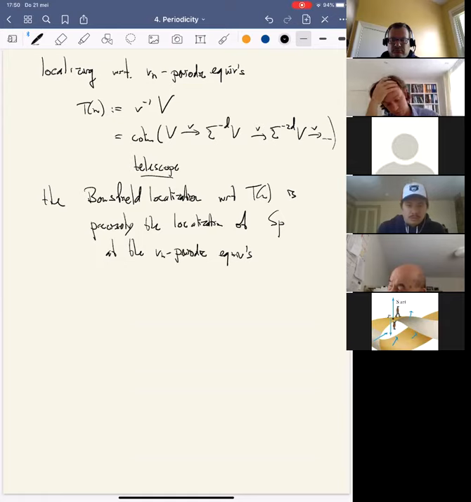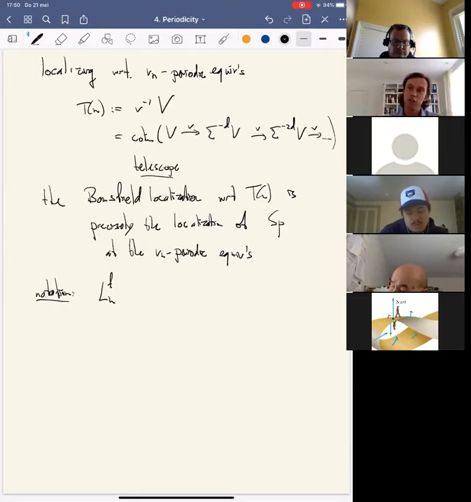Let me say a little bit about chromatic filtration here. What you can do is localize with respect to each of these Vn periodic homotopy groups. You could also localize with respect to the first bunch of them, like V0, V1, V2, up to Vn. The standard notation for that is L_n^f.